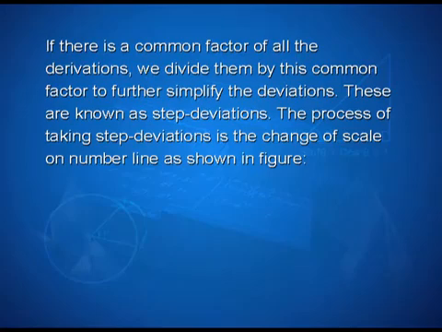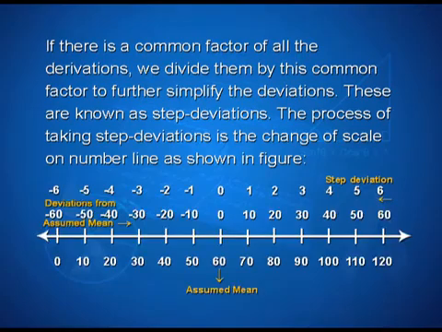These are known as step deviations. The process of taking step deviations is the change of scale on number line as is shown in the figure. We can see here the values 0, 10, 20, 30, 40 till 120, and these are the deviations from assumed mean minus 60, minus 50, minus 40, minus 30, minus 20, minus 10, 0, 10, 20, 30, 40, 50.